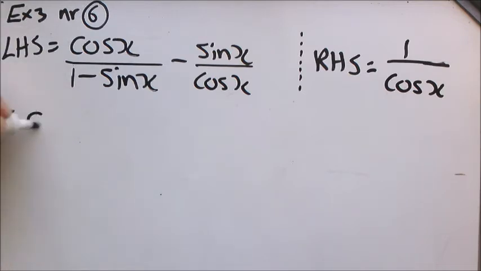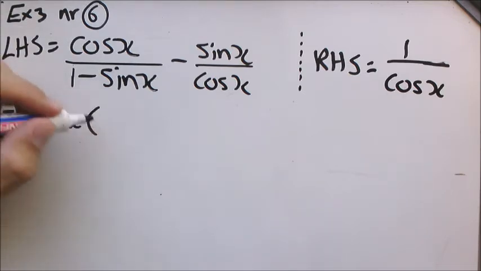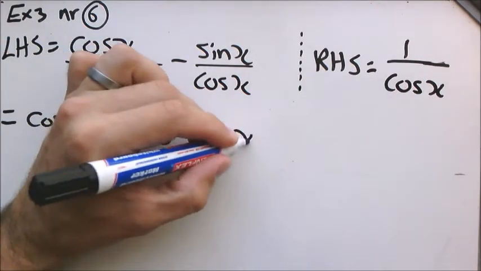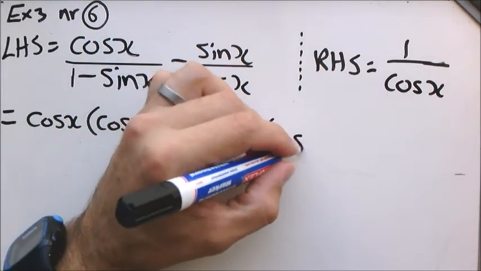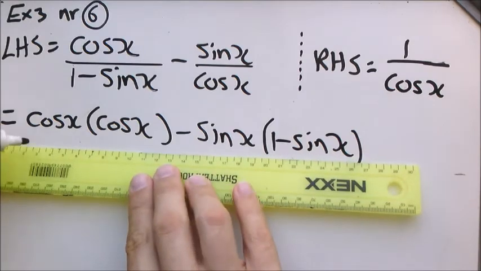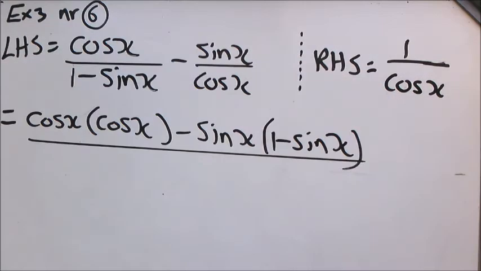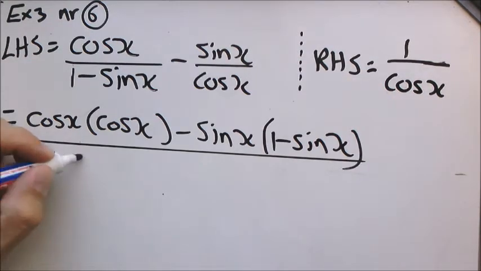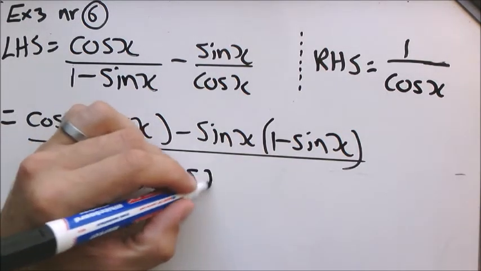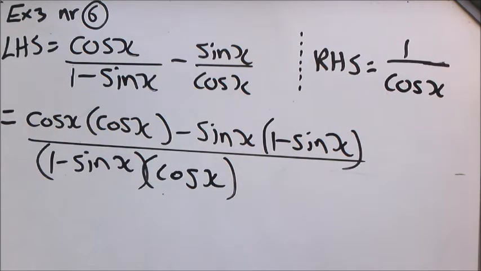So it will become cos x times cos x minus sine x times 1 minus sine x, and then our common denominator is 1 minus sine x times cos x. Do not multiply the denominator. You only do that at the end if needed.